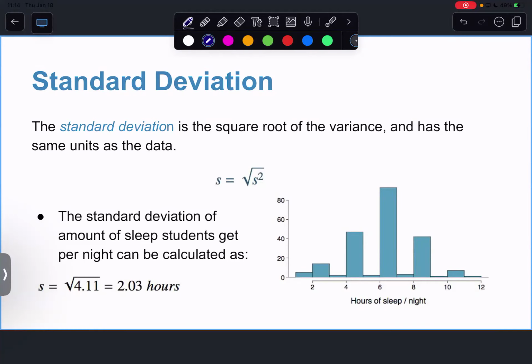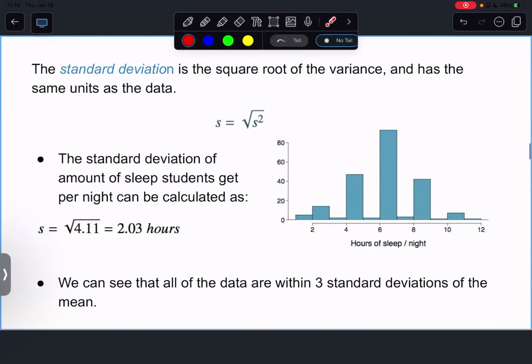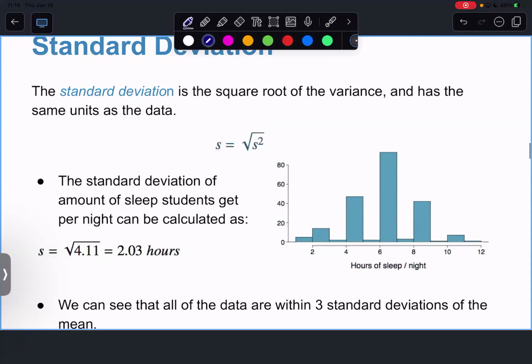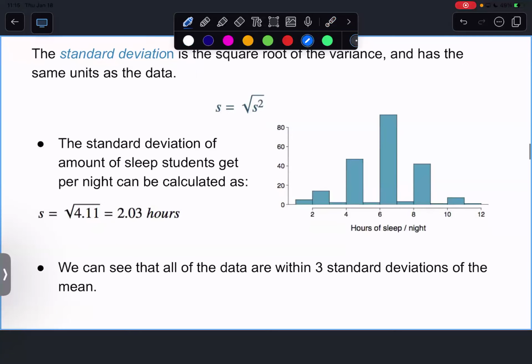And so if you found that the variance is 4.11, for example, right? Then if you want to find the standard deviation, you can take the square root of that and you find that it's 2.03 hours. Now, one thing I wanted to highlight here is that s squared was 4.11 hours squared.